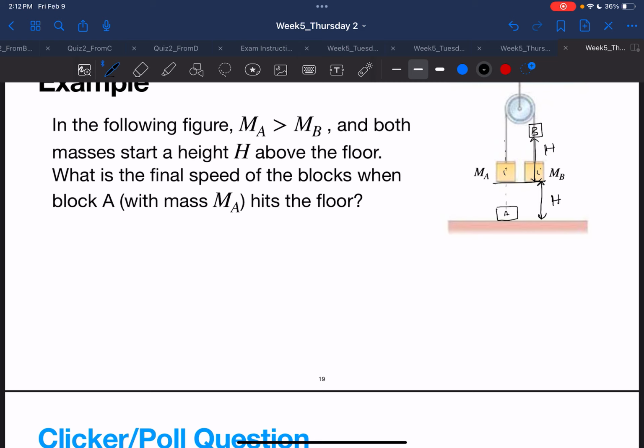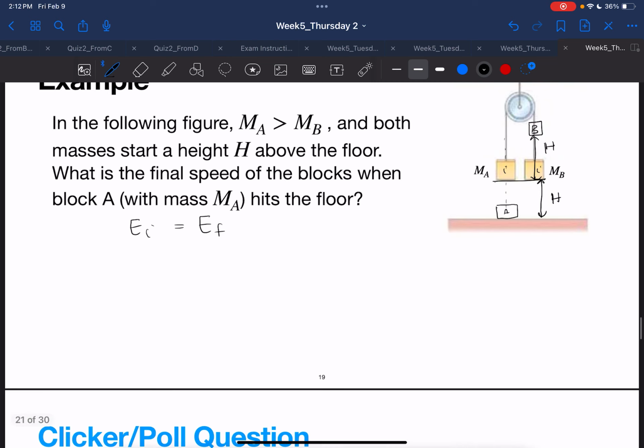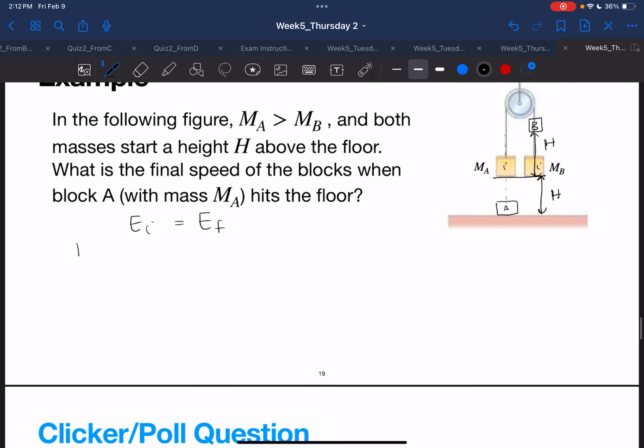So let's compare the total energy, E initial to E final. Initially the system is released from rest, so we just have the potential energy of block A initial plus the potential energy of block B initial.